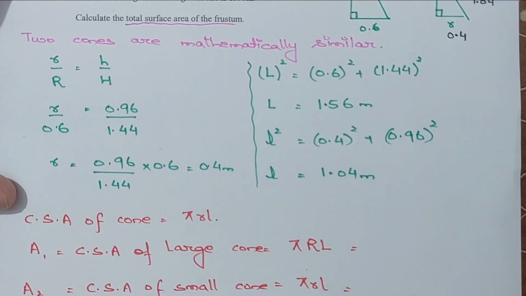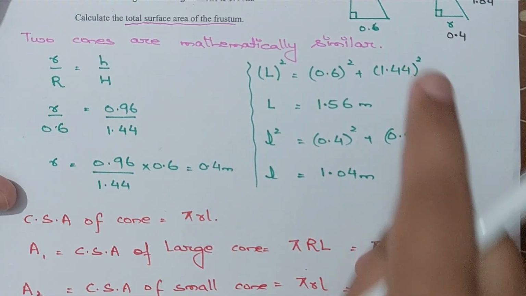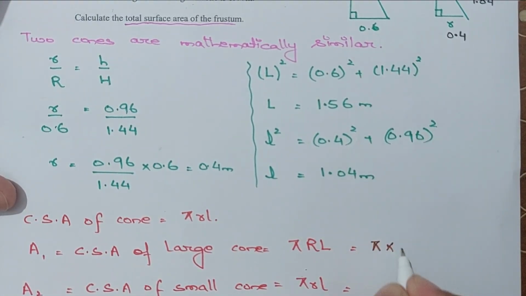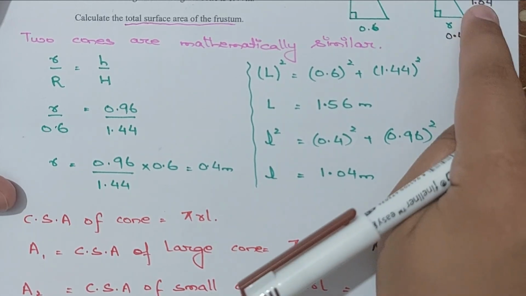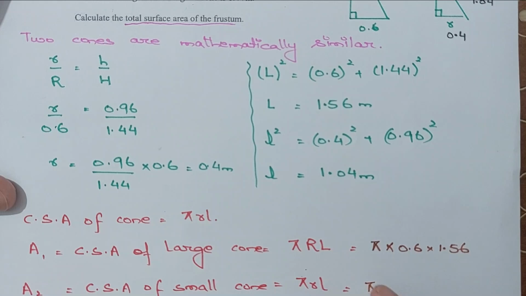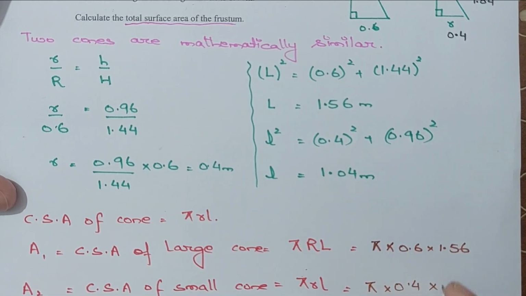Okay, use the dimensions. So we have pi, the radius of the larger one is 0.6 into 1.56, which is l. Now 0.4 and 1.04, pi into 0.4 into 1.04.